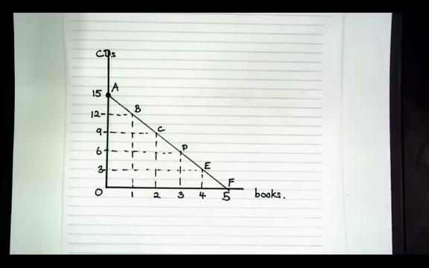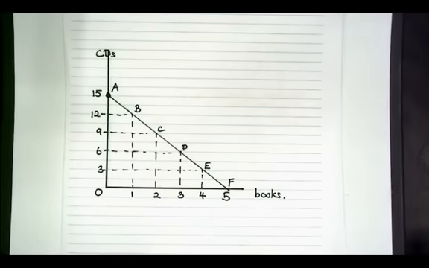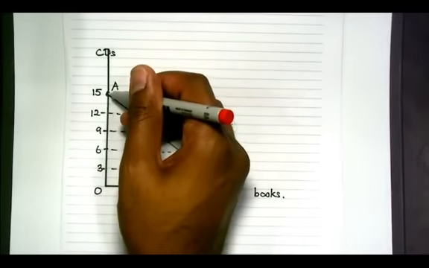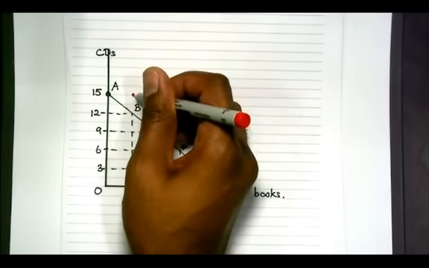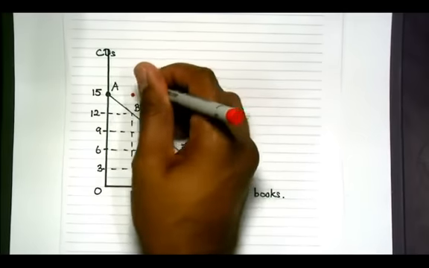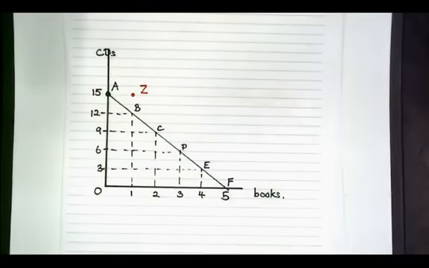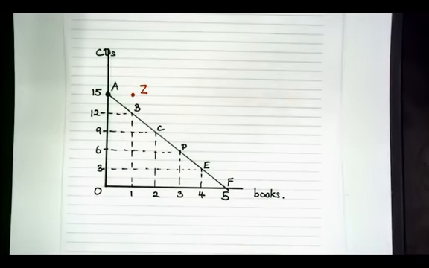Suppose we want to produce one more book. What would we need to give up if we wanted to produce one more book? If I wanted to increase my production of books, I can't go here because combination Z is impossible. So I can't just increase my book production without altering my CD production.